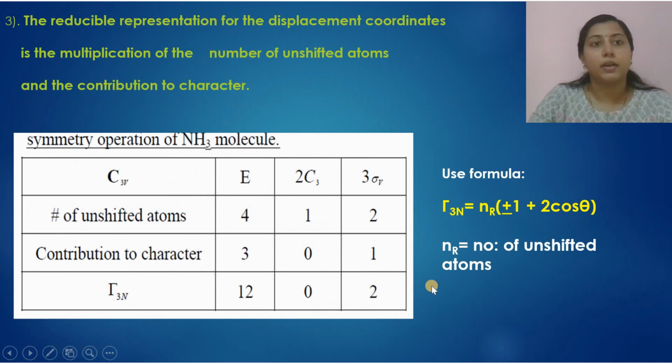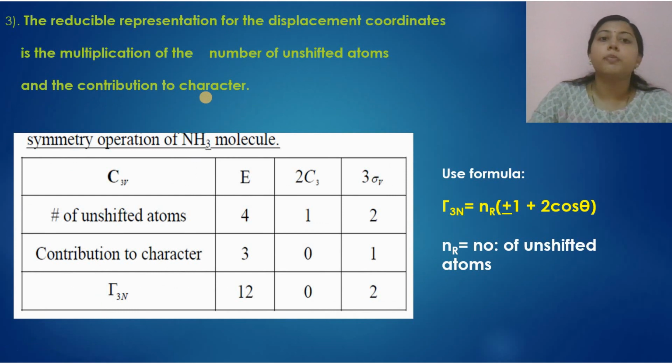Now to find out the total character or the reducible representation, we have to multiply the number of unshifted atoms and the contribution to each character. The contribution to each character is found out by the formula plus or minus 1 plus 2 cos theta.